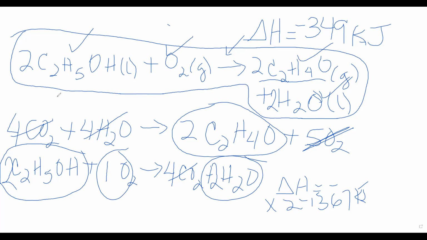So what you did to that first one is you reversed it. So that became a delta H of positive 2385. And you know, it's kilojoules. I just don't have enough room. And then the bottom one, we multiply it times 2, right?